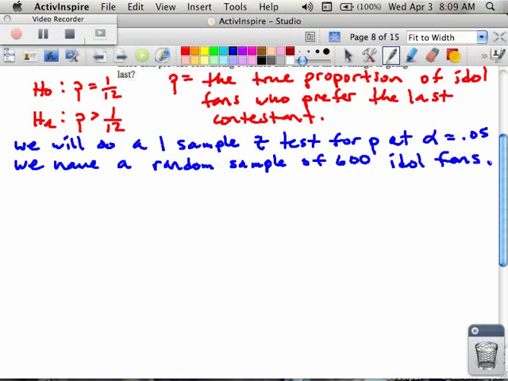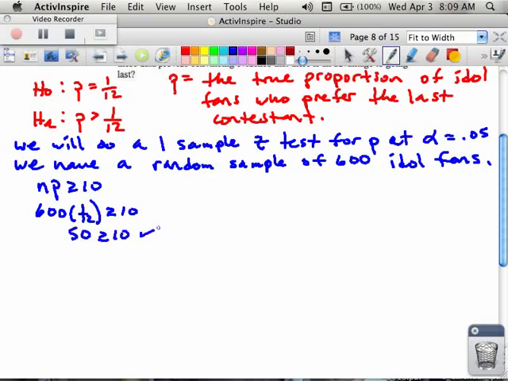So now we've talked about the test, we've talked about it being random. Now we talk about the normalness. Is np greater than or equal to 10? We take 600 times 1/12, which is 50.